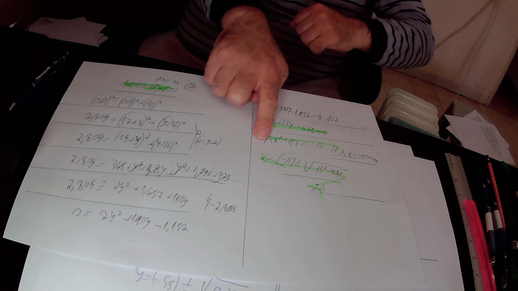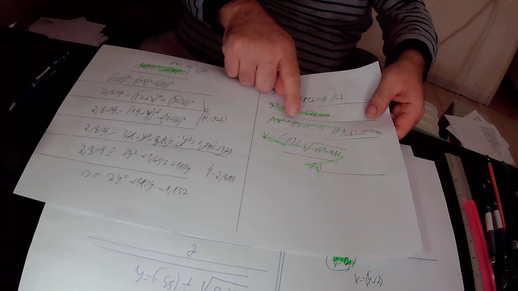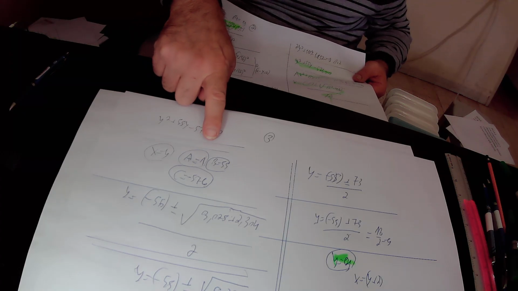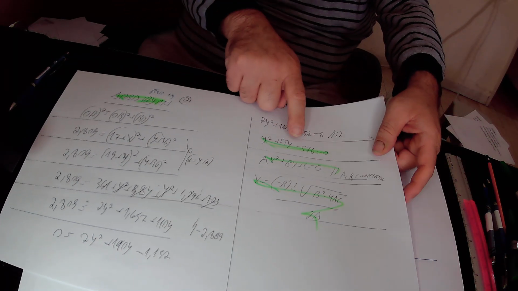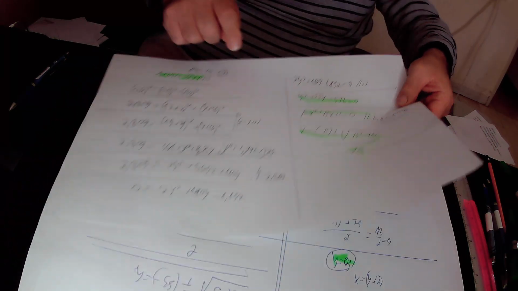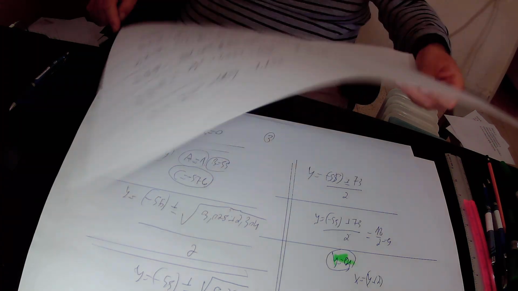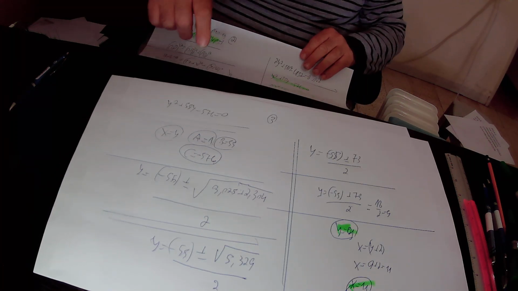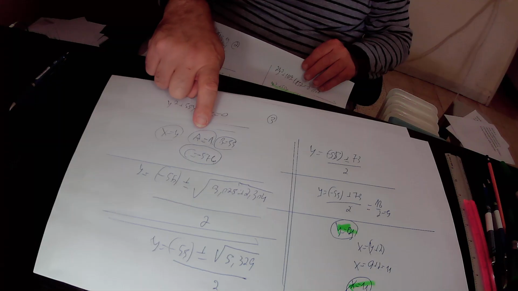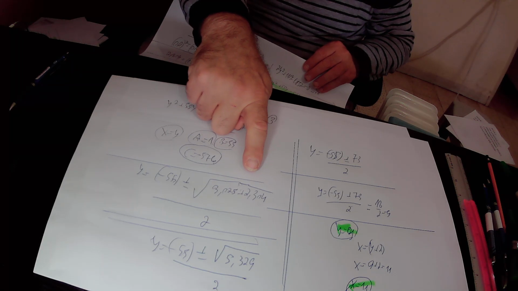So we did it. x equals y, so we substitute x by y, and x equals minus b. b equals 55, and therefore minus b equals minus 55, plus or minus the square root of b squared. b is 55, therefore b squared is 3025, minus 4 times a times c. a is 1, so minus 4 times 1 is minus 4, times c. c is minus 576, so minus 4 times minus 576 equals 2304.